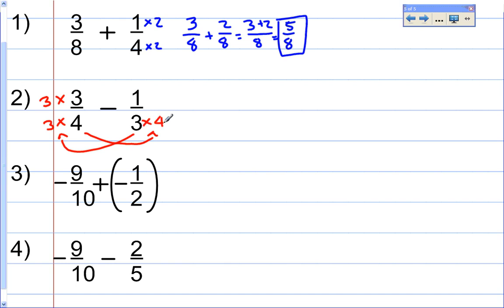Multiply top and bottom by 4. So now I have 9 over 12. Where did the 9 come from? Because I multiplied the top by 3. The 12 came from multiplying the bottom by 3. Minus 4 over 12. So I just have 9 minus 4 over 12, which equals 5 over 12.